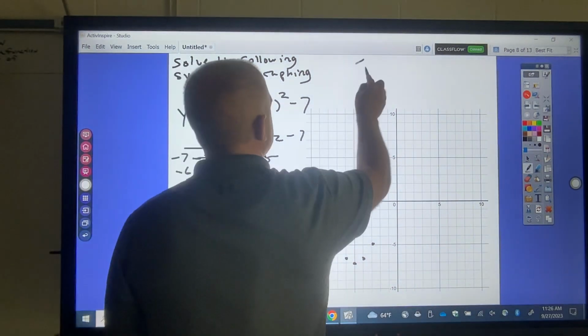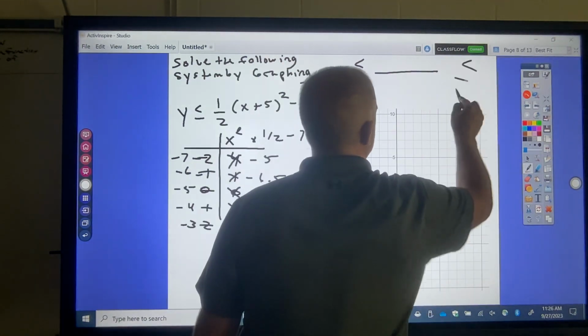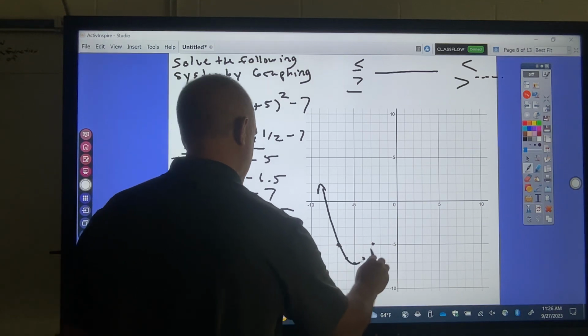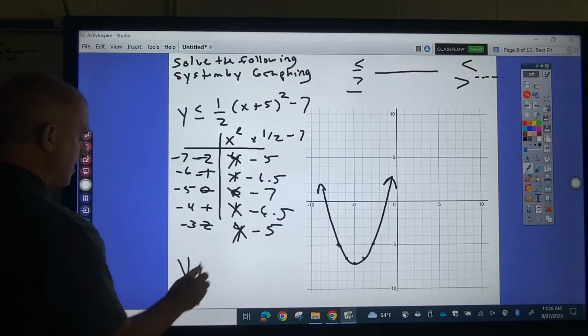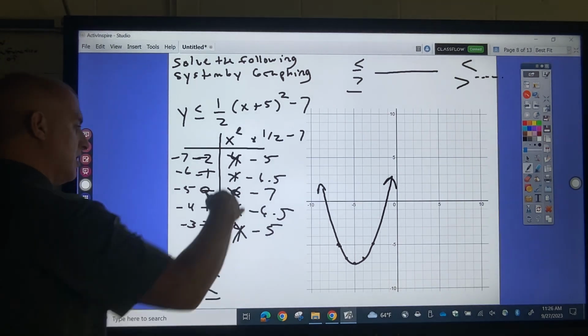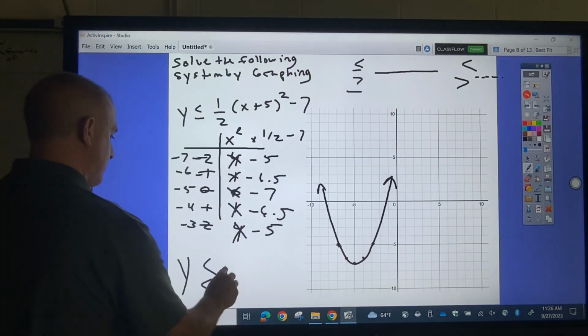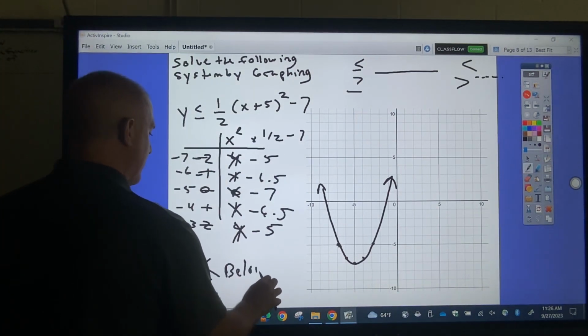When you have this and this, you're going to make a solid line. When you have this and this, you make a dashed line. So in this case, I'm going to make a solid line through those points. Now, if it is y less than or equal to, you shade below the minimum or maximum.